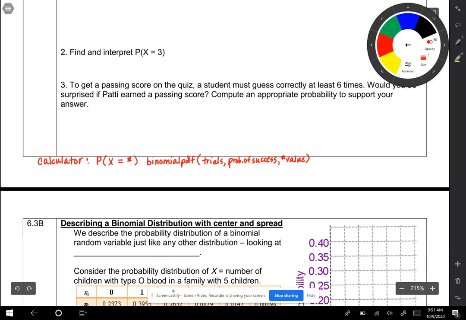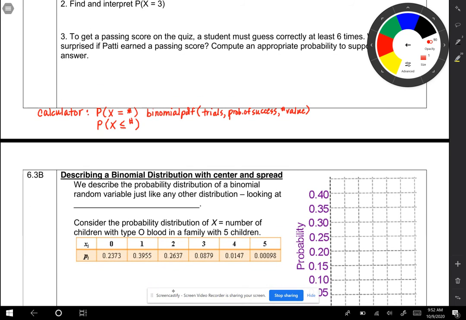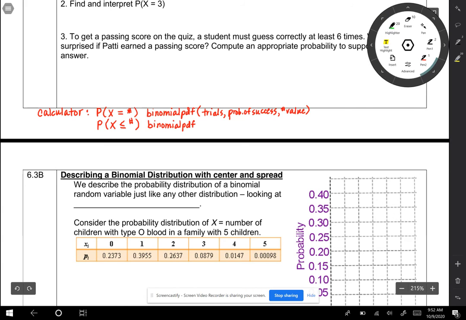Our calculator also does probability when x is less than or equal to a number. It just doesn't do anything that's greater than or equal to, greater than, or less than. So that's where you need to know what to do. The calculator already does that, so you go in again to Binomial, sorry, I meant CDF, because it's not an exact point distribution.